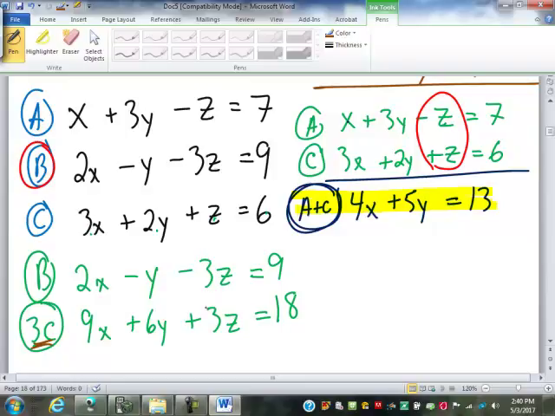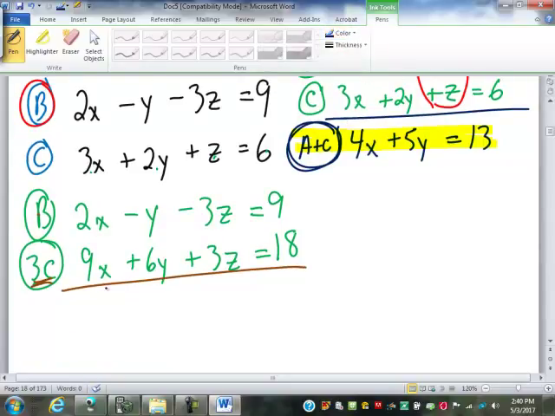Now it's going to cancel out the z's. Remember, that was our two requirements. We had to use equation B, and we had to cancel out the z again. So we have 2x plus 9x makes 11x. Negative y plus 6y, positive 5y.